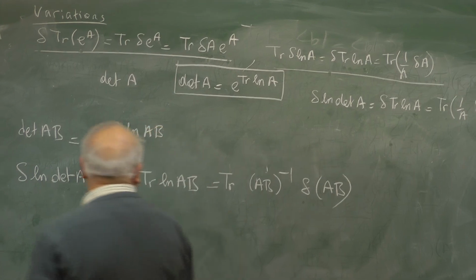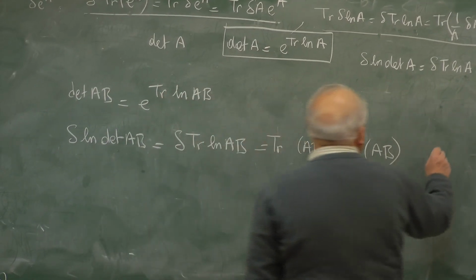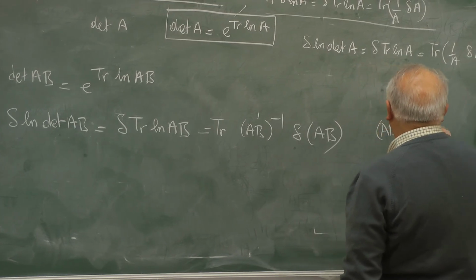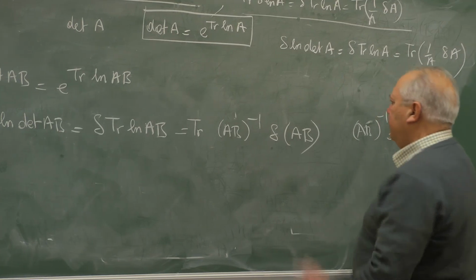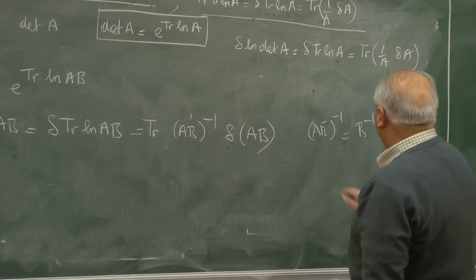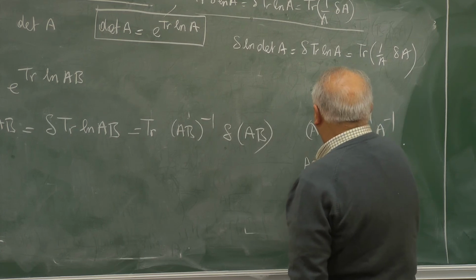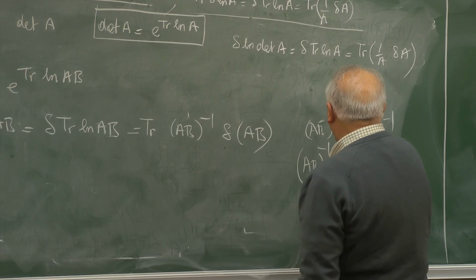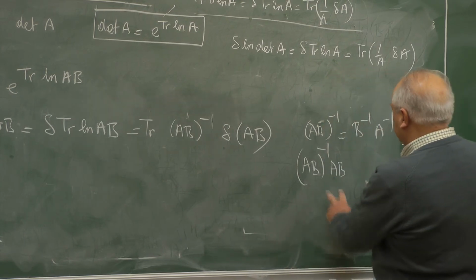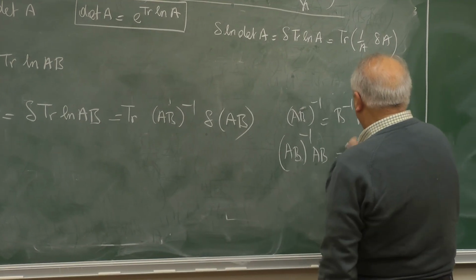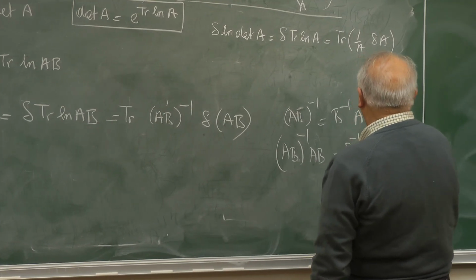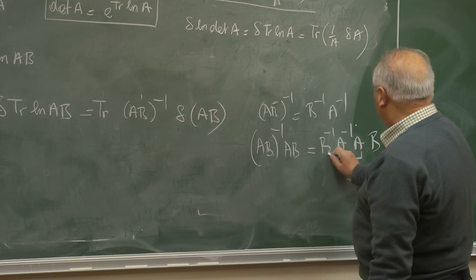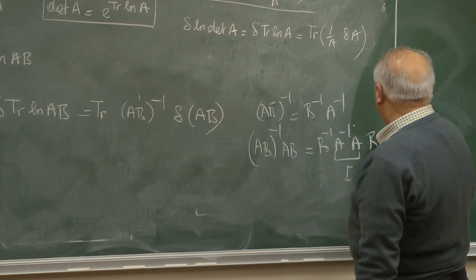Now we will operate with this. AB minus 1 is B minus 1, A minus 1. Remember, in general, A and B are not commuting. So, for example, AB minus 1 times AB is 1. But if you open it up like this, B minus 1, A minus 1, A, B, that's why the order is reversed, because these give 1, and B minus 1 B, that's also 1, so the result is 1.